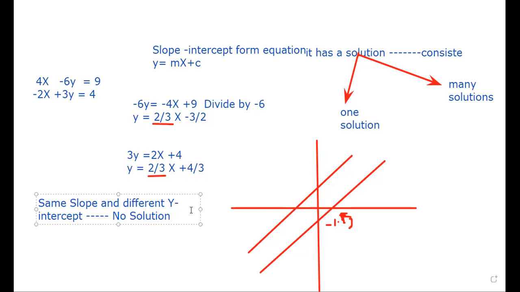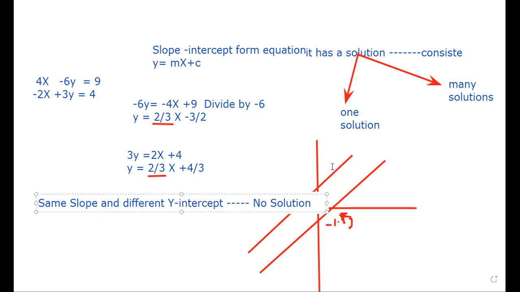Sometimes if he's asking only about the number of solutions, we don't need to represent it graphically. Once he's asking about the number of solutions, check the slope. If the slopes are the same and the y-intercepts are different, then we have no solution.